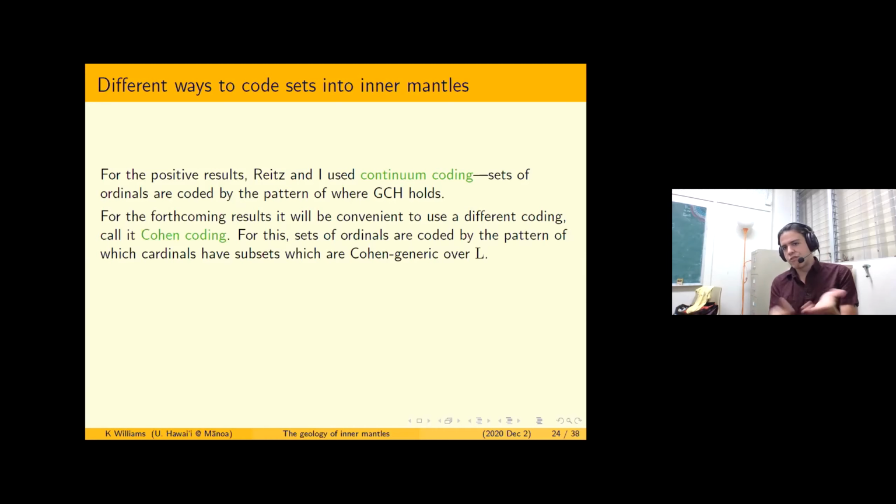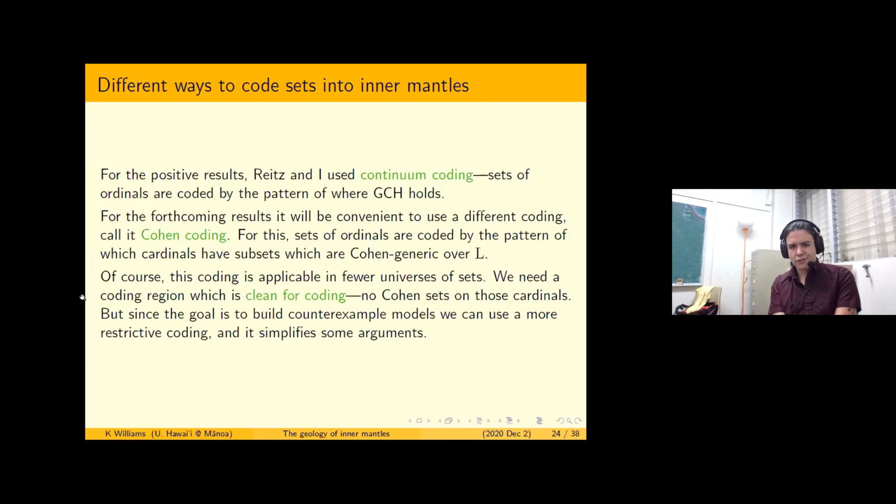But of course, there's lots of other ways to read off zeros and ones. I know Andrew Brooke Taylor has done some interesting work on this with coding with various kinds of trees and whatnot. For this, I want to use a very simple coding, which I'm going to call Cohen encoding. This is where you just look at which cardinals have subsets which are Cohen generic over L. And this is nice because you can code something by adding a single Cohen set, whereas with GCH, you're adding a whole big block of them to make it fail.